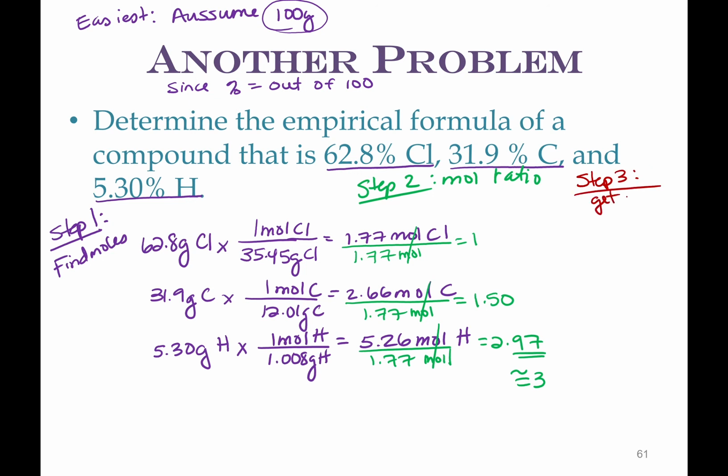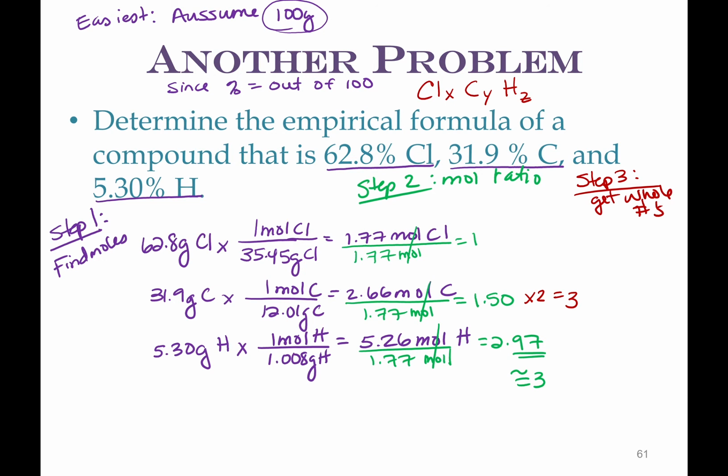Step 3, get whole numbers. So remember, we're looking for some chlorine compound, carbon compound, and a hydrogen compound. We're looking for those X, Y, and Z, those subscripts in the formula, so they have to be whole numbers. All right, so this one, multiply by 2, and I get 3, right? 1.50 times 2 is 3.